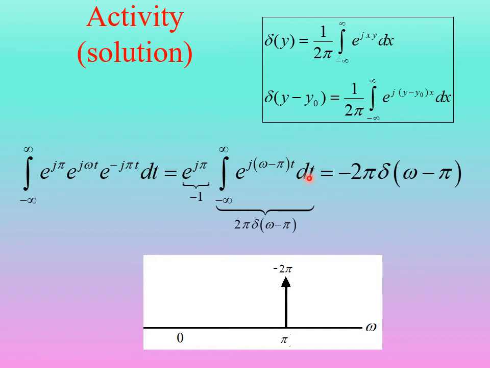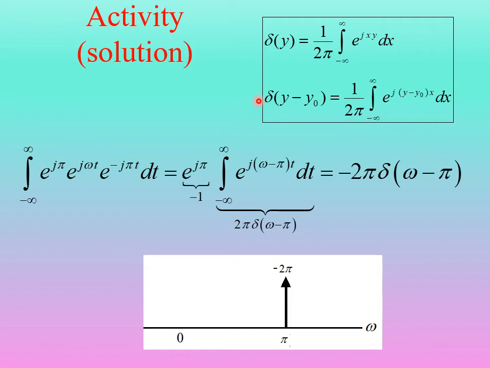Now, what do I do with this? I look at this form and see that it looks just like this integral if I make some substitutions. I'm going to let t be x and let omega be y. I can multiply both sides to get rid of the 1 over 2 pi, moving the 2 pi in front of the delta.